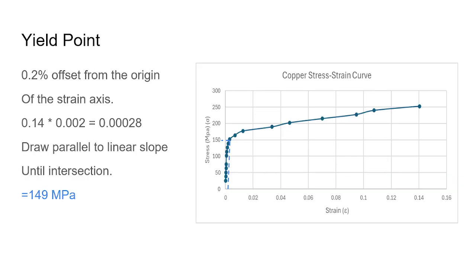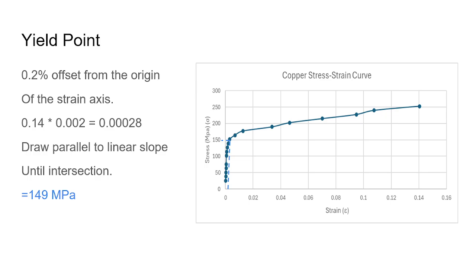So to find our yield point, we do a 0.2% offset from the origin of the strain axis. So we do 0.14, which is the highest strain value, times 0.2%, which gives us this very small number here, 0.0028.